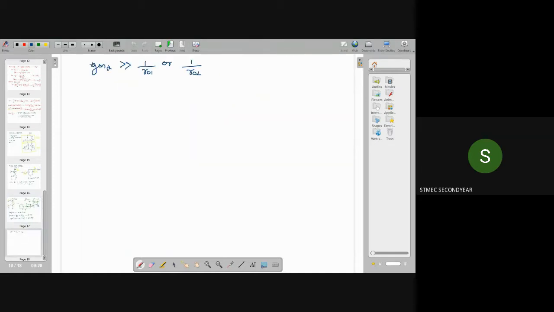So VGS2 into gm2 is approximately equal to gm1 into VGS1. Okay, so this is my first equation.